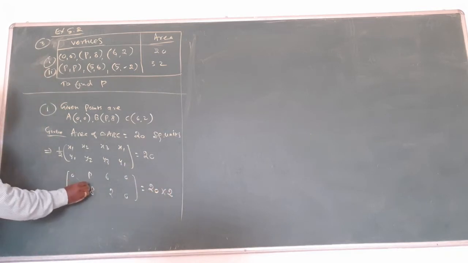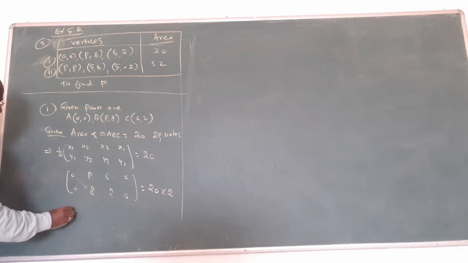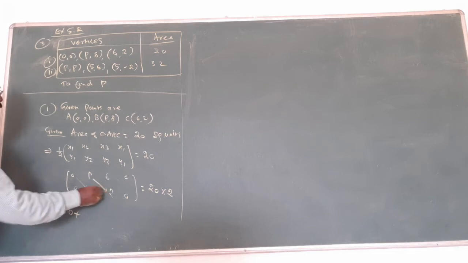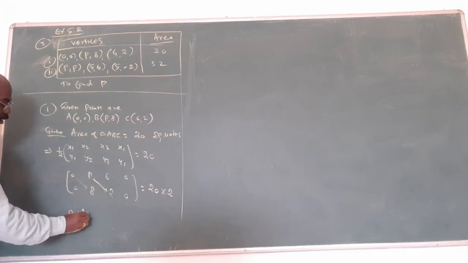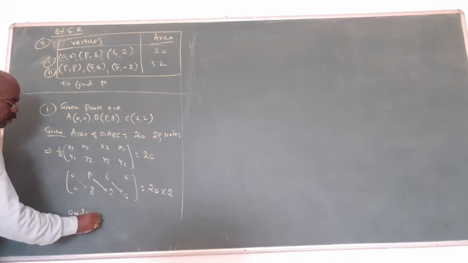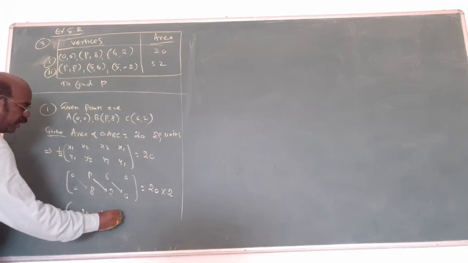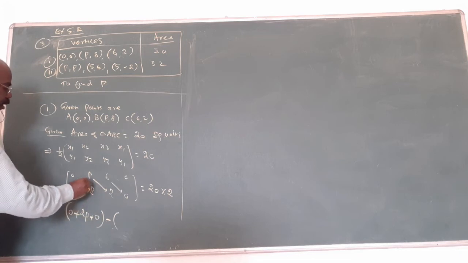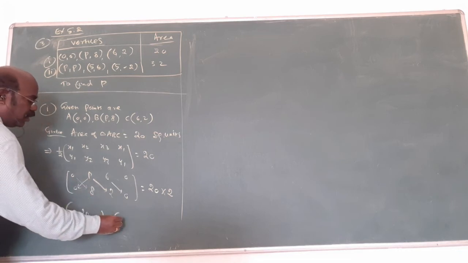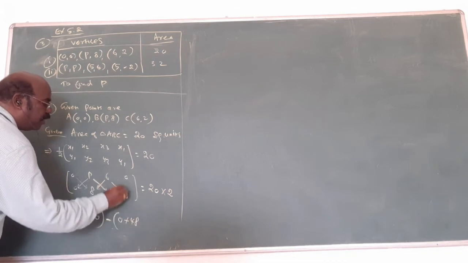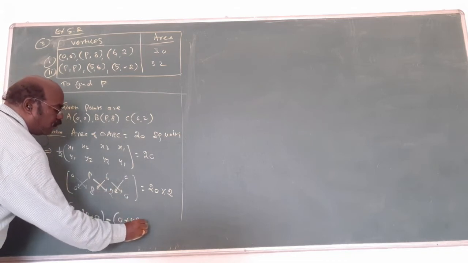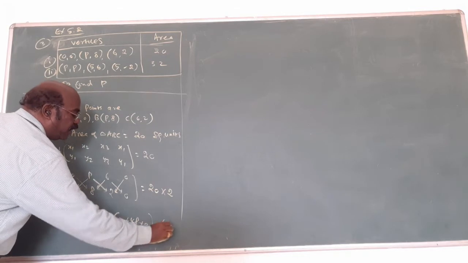Now same thing. First thing is what? 0 into 8 plus b into 2 equals 2b, plus 6 into 0 is 0. Am I right? Minus. Next is what? b into 0 is 0, 6 into 8 is 48, 0 into 0 equal to what? 40.